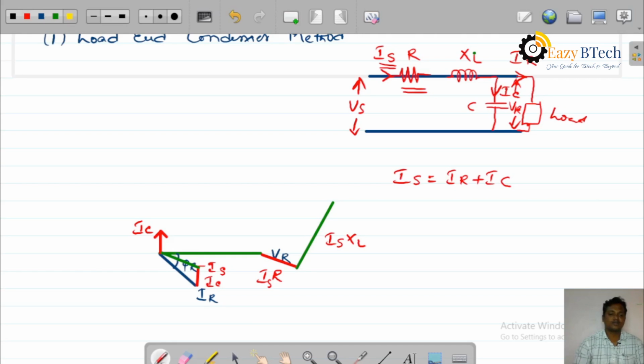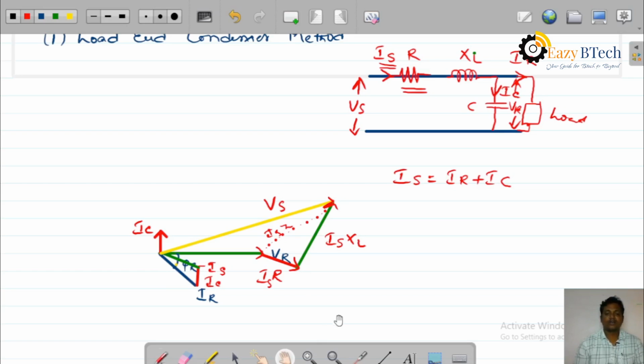Therefore, the sum of these drops is Vs. This is Vs. If you know the impedance, then it is Is into Z. This is the phasor diagram for the load end condenser method.